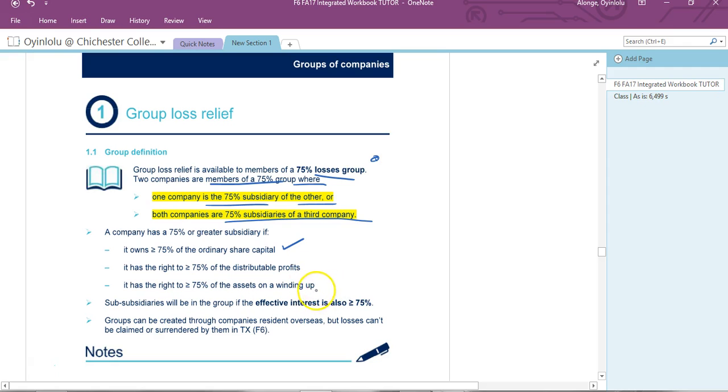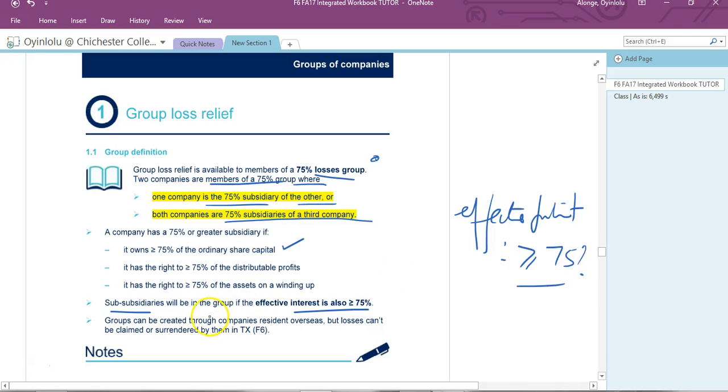This is not financial reporting, so you will know clearly that you own 75%. Then, as I said earlier, if we're talking about sub-subsidiaries, we want an effective interest greater than or equal to 75% as well. Now, this is what's interesting. You can form a group through a company that's overseas, but that overseas company can't claim or surrender losses. For example, take A, B, C. B could be an overseas company.